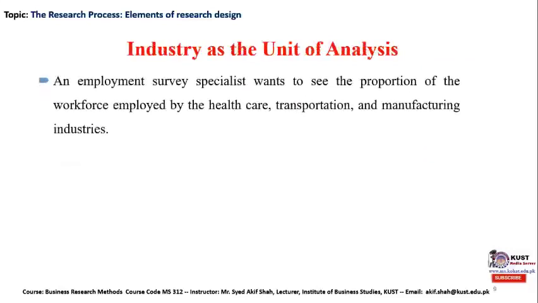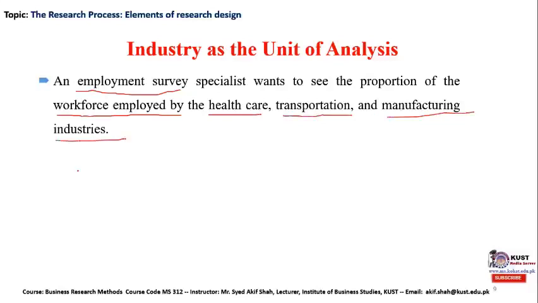Now let's take an example of industry as a unit of analysis. A researcher is interested in making an employment survey. The specialist wants to see the proportion of the workforce employed by the healthcare industry, the transportation industry, as well as the manufacturing industry.